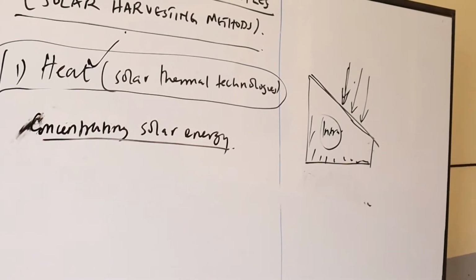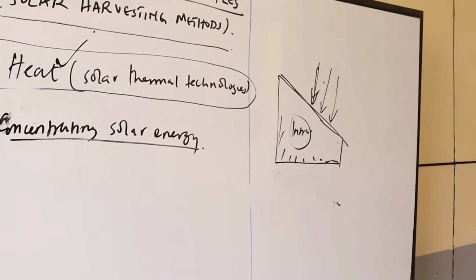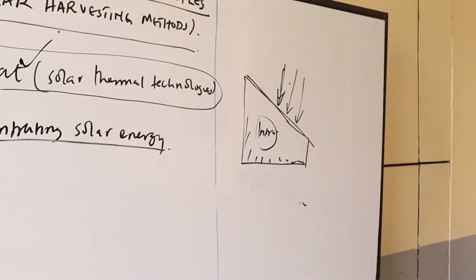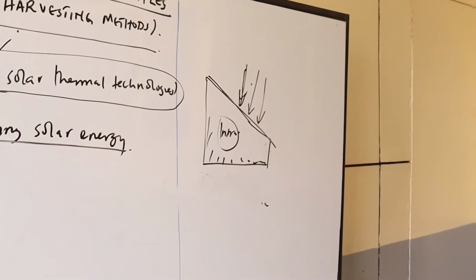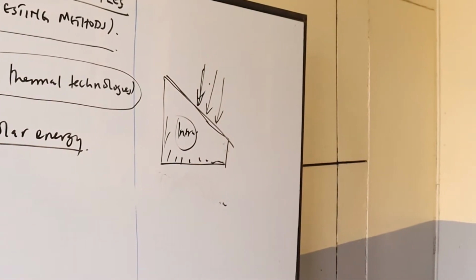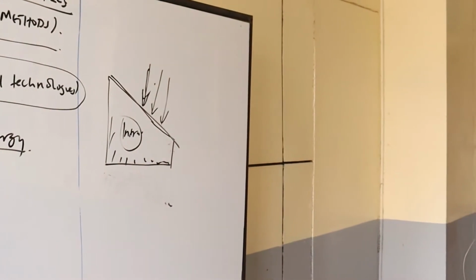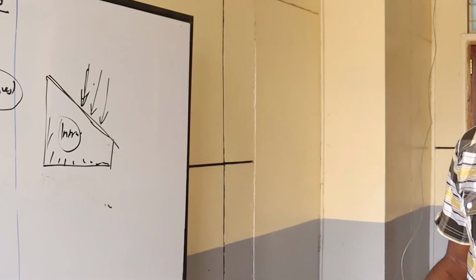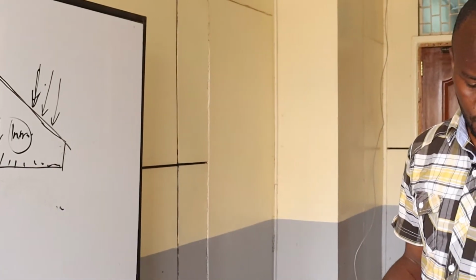And when you talk of concentrators, they also make use of reflective surfaces and shapes that bring about a bouncing effect. This directs the radiation from their surfaces to a focal point.